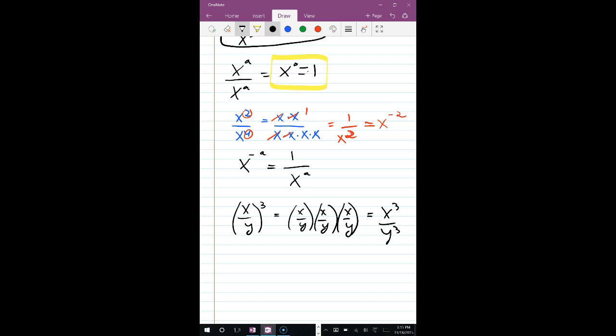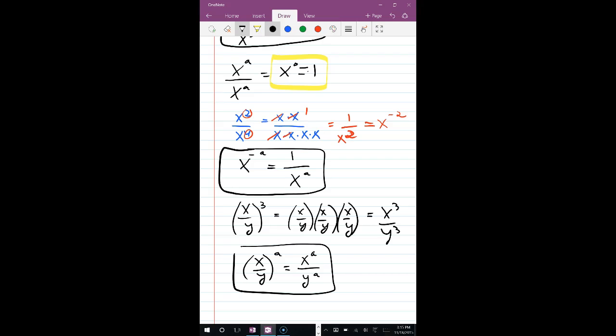Let me make a correction here. When we have x over y to the a, it's the same as the numerator raised to the a and the denominator raised to the a. So that's another nice rule that we can see.